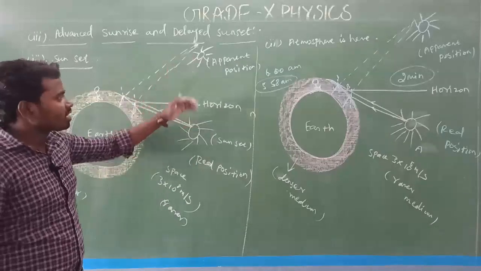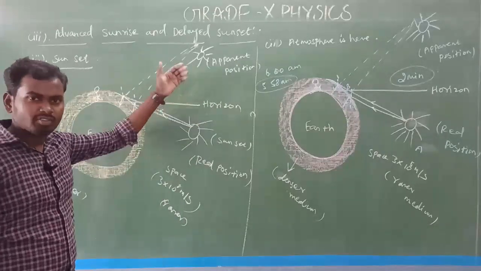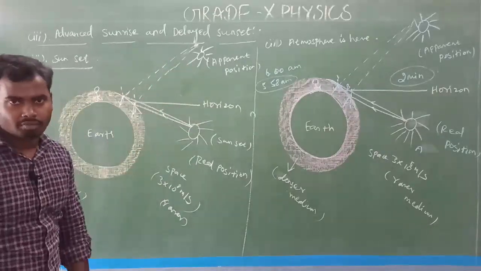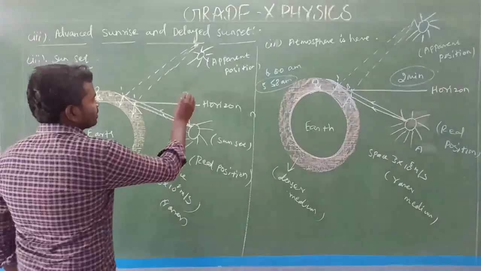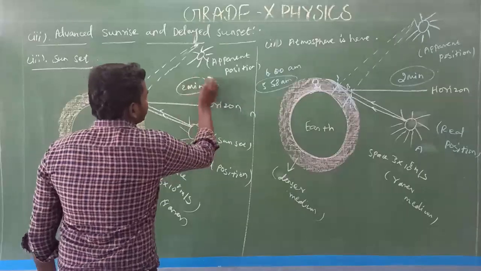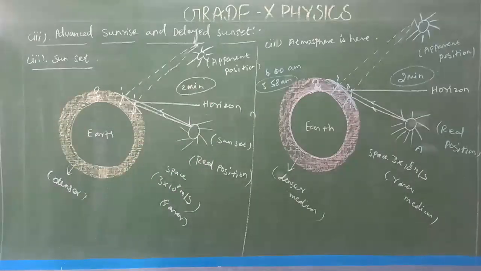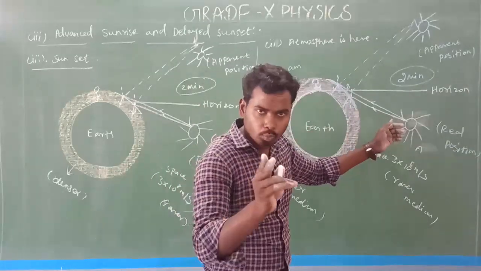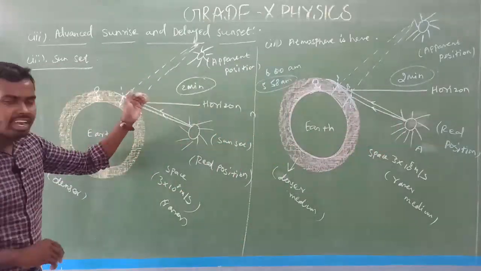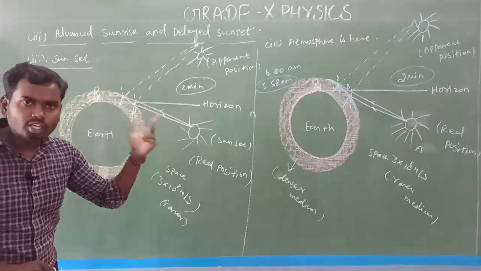So why this much delay, sir? Because of atmospheric refraction. How long does it last? Just 2 minutes. Advanced sunrise happens within 2 minutes, as well as delayed sunset within 2 minutes.